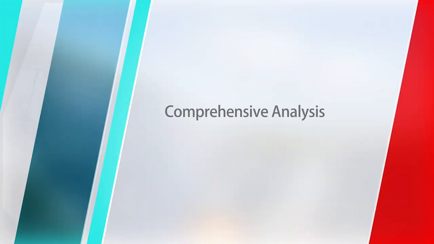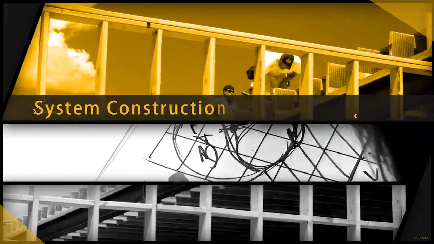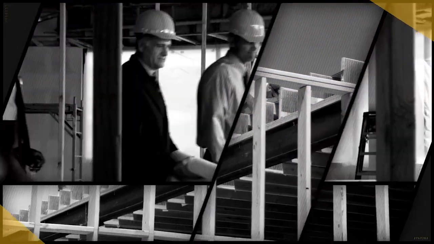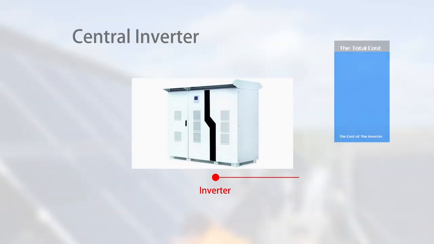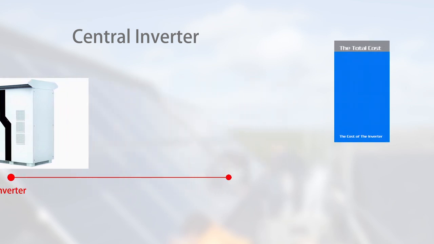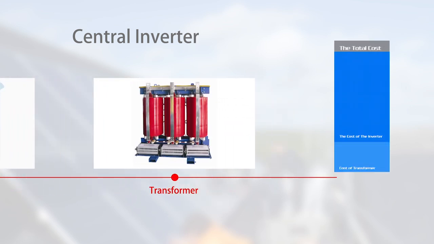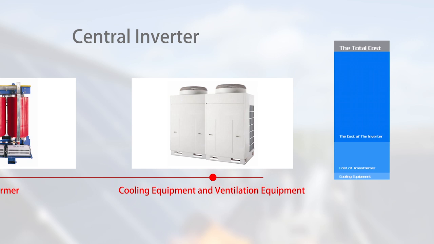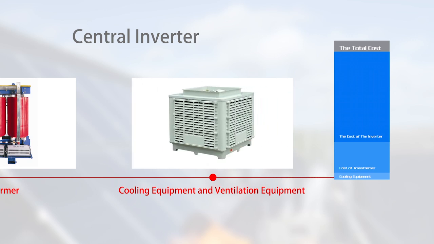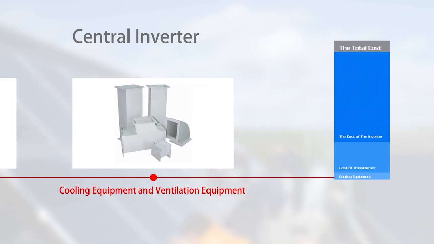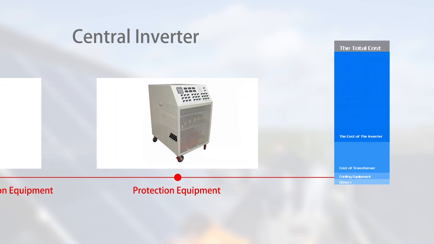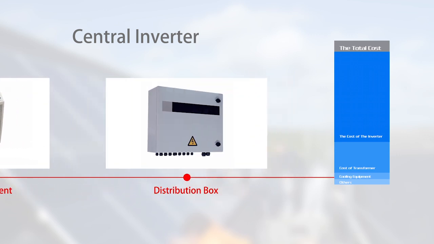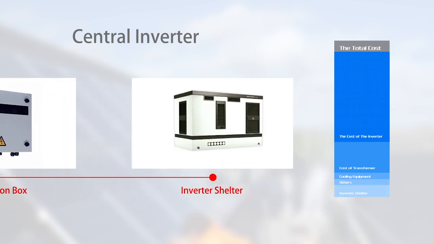Now, how to select an inverter and maximize investment return? We will guide you from the very beginning of power plant design to the later power plant operation. System total cost analysis. If you select a central inverter, you will also need to configure a transformer, cooling equipment, ventilation equipment, and protection equipment, distribution box, inverter shelter.